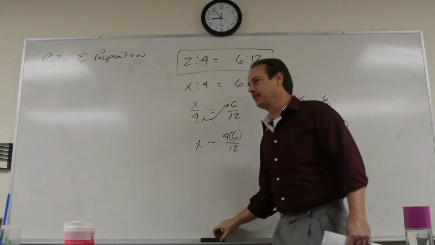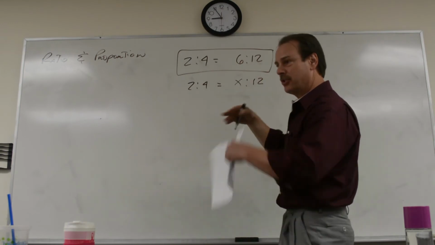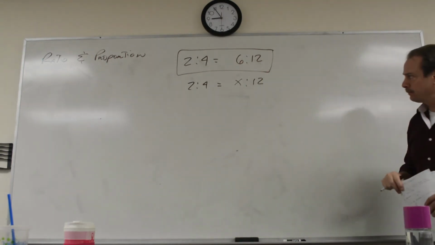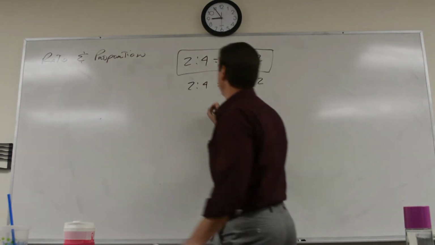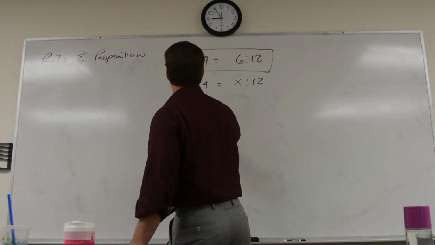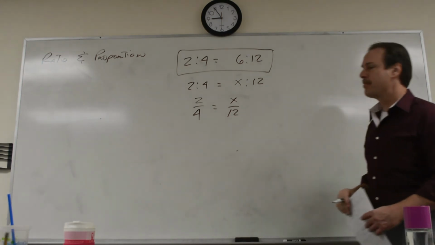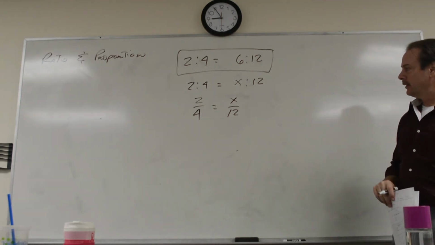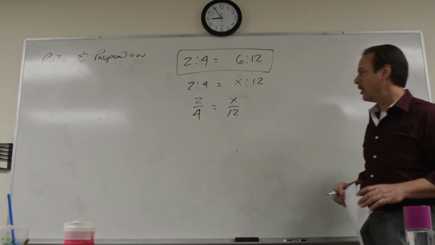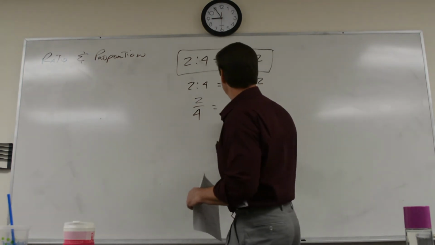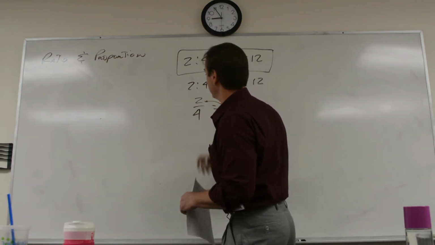Let's take this one down. We already know the answer is 6, but let's just do the technique of solving it. First thing I'm going to do is change these to fractions, or fraction format. Okay. Now the rule I just taught you, all we have to do is take this and multiply it by the 2.